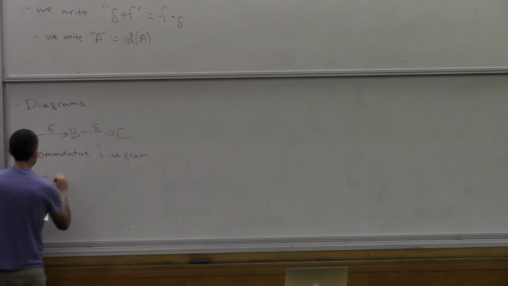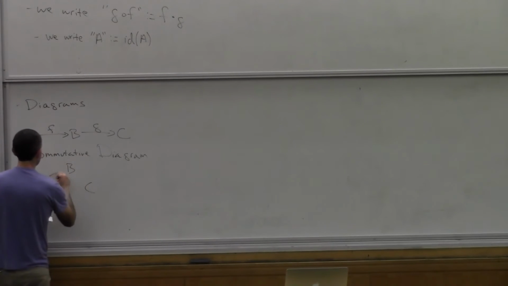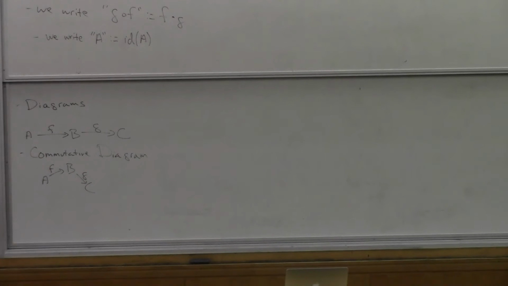So if I have A, B, and C again, I have G again. Now, part of the data of a category is that there's always the composite morphism, right?